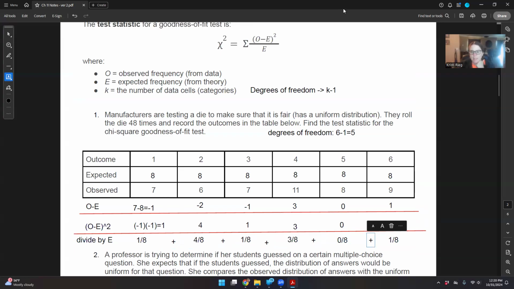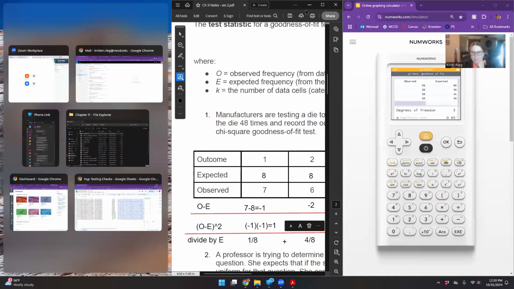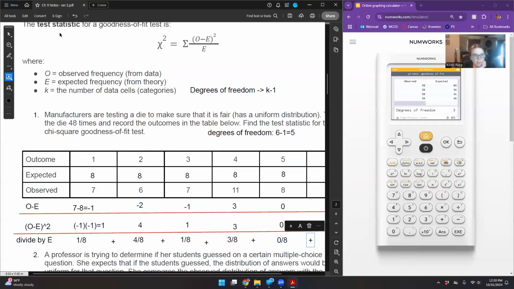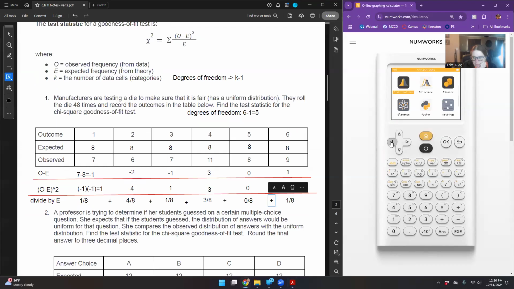Okay, so let us go to our calculator. Sometimes Zoom gets in the way of my controls. Okay, so we have just a fraction addition thing. So I'm going to do 1/8.